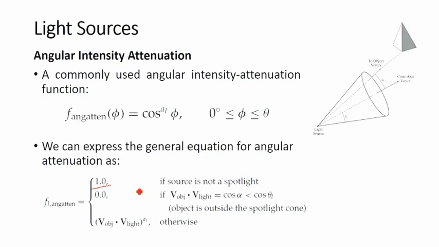Now if the cos alpha is less than cos of theta L, then we conclude that the object is not in the limit of this spotlight, so attenuation becomes 100%, so we would set that attenuation factor to 0.